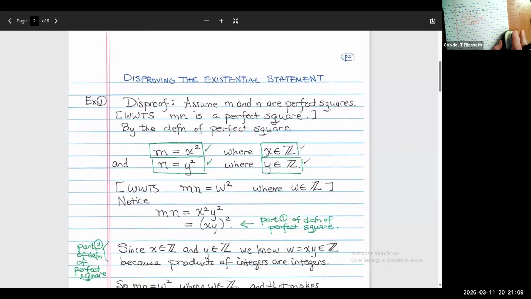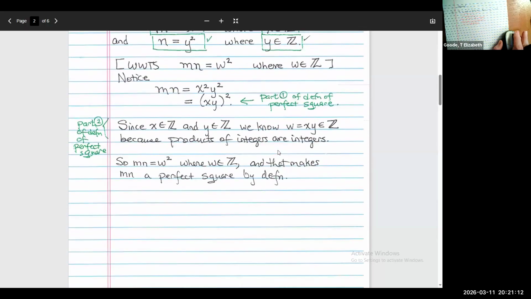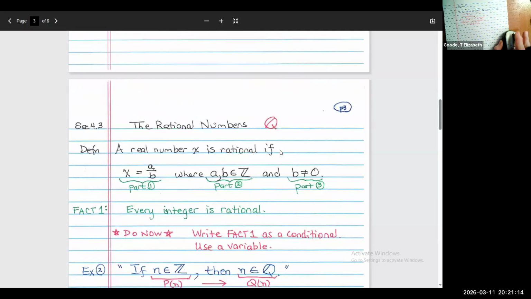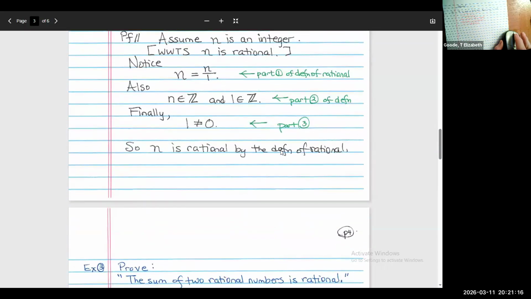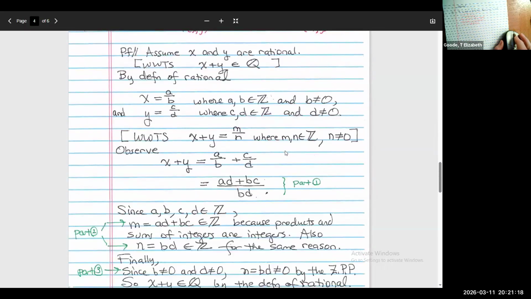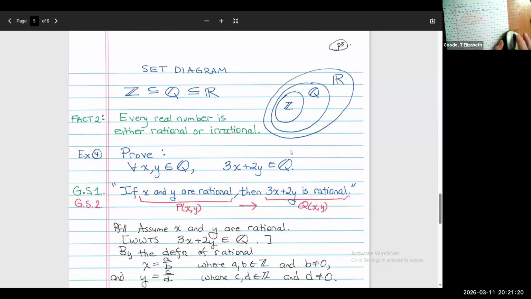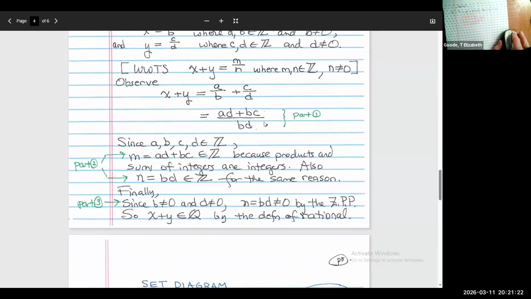But you can read through these proofs, Isaac. You really have got to make use of all of these good class notes because I walk you through, and I even identify when the different parts of the definition are being satisfied so you can go back and look at the definition.